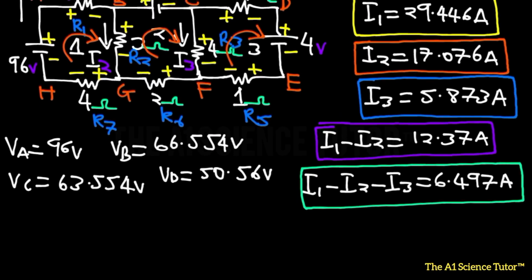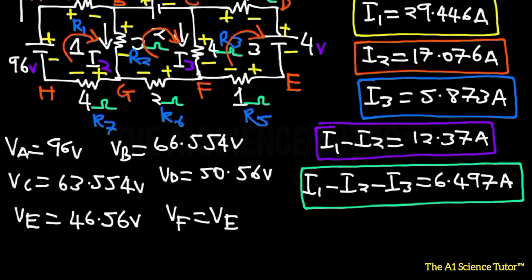Now how about VE? We're basically just going to subtract 4 volts from VD. So that is a minus 4. If we subtract 4 from this, that is going to give us 46.56 volts. Now what will be VF? VF will be VE minus the voltage wasted over the 5th resistor. So that is V5.